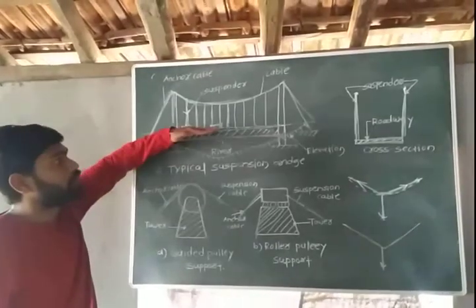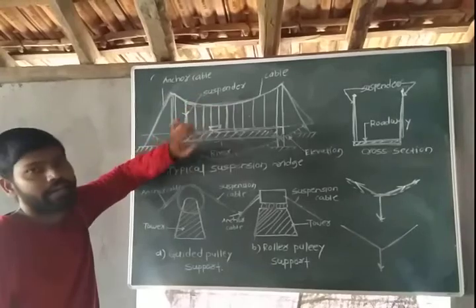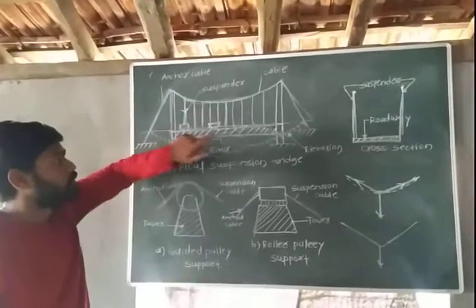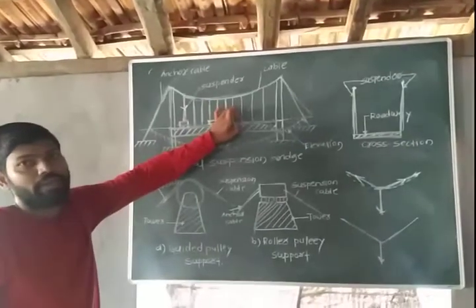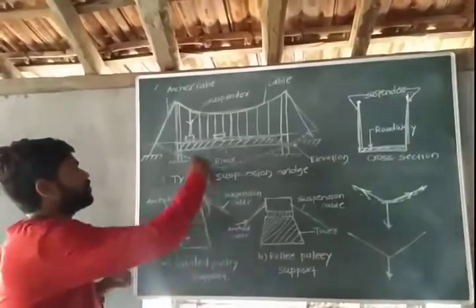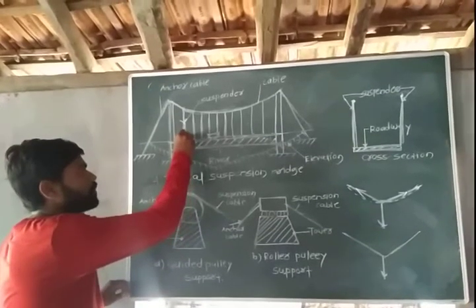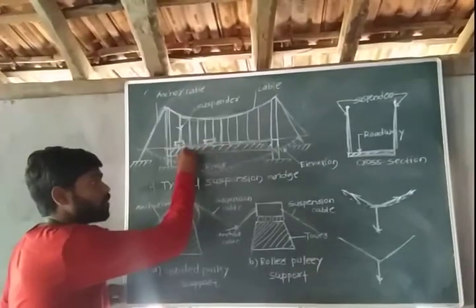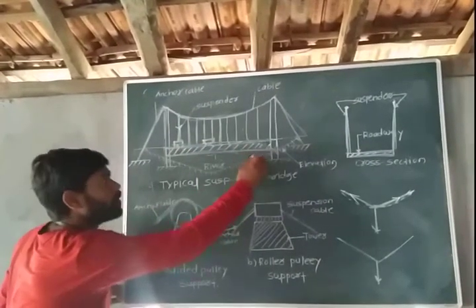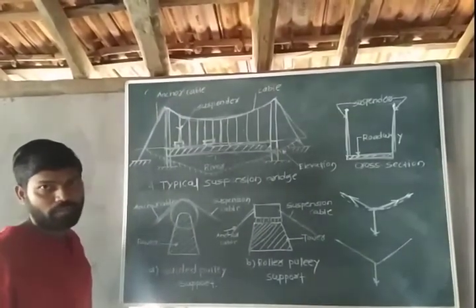Now what happened? We have introduced the stiffening girder between the suspender and carriageway. Now this stiffening girder provides the stiffness to the main carriageway. So vehicle load will be transferred first to the stiffening girder, and from stiffening girder a uniform load will be transferred to the suspender, and from suspender to main cable.